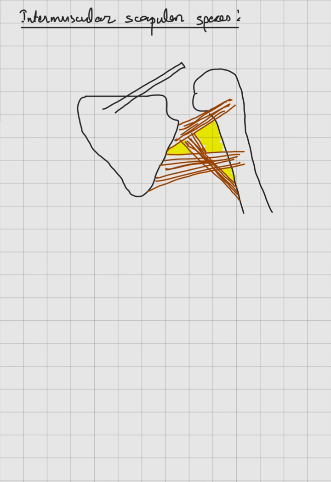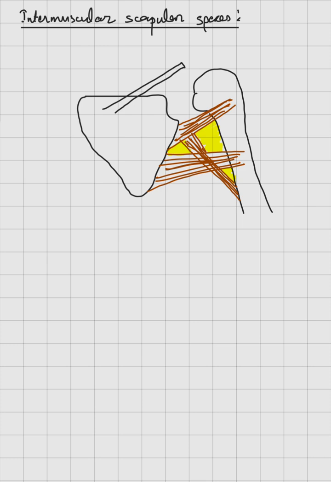what you can see here is the view from the posterior side. That's why we can appreciate the spinous process and acromion process very well. So on the posterior side, around the neck of the humerus, what was the artery?